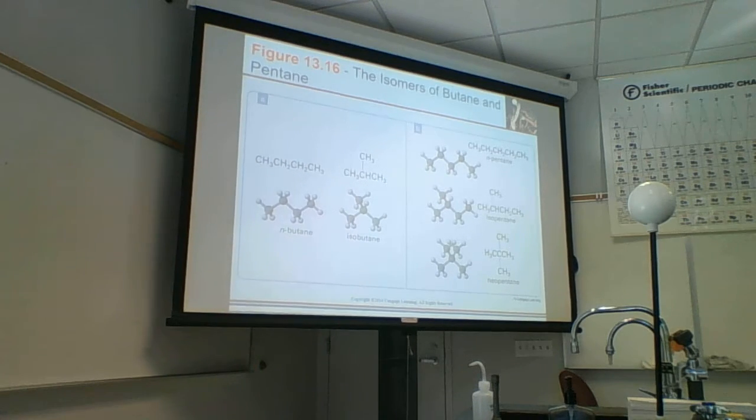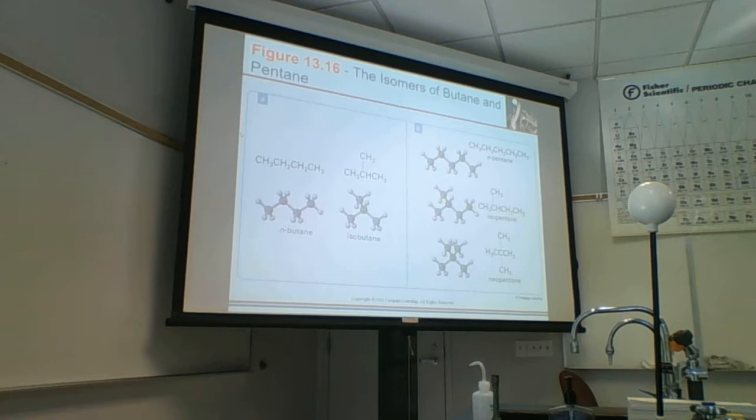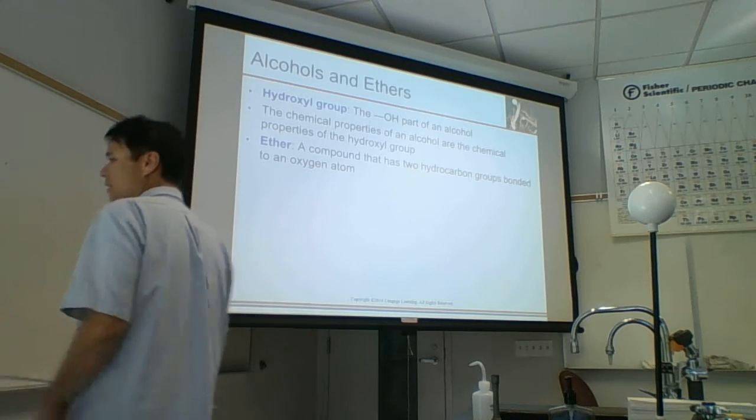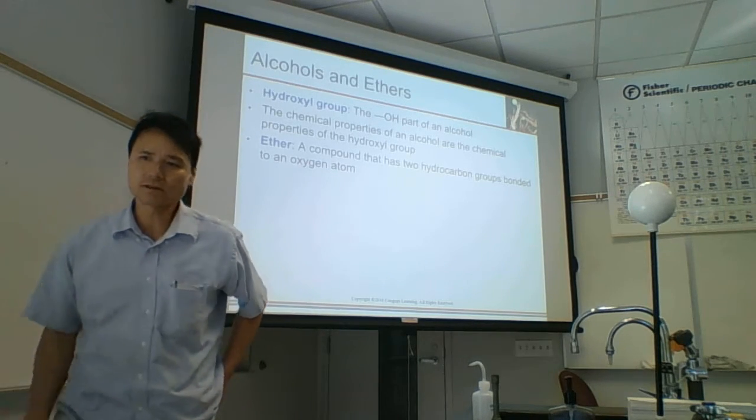Substituents can come in a variety of shapes, sizes, and other things. So for example, this is the methyl radical. Do you know what the hydroxyl radical looks like?